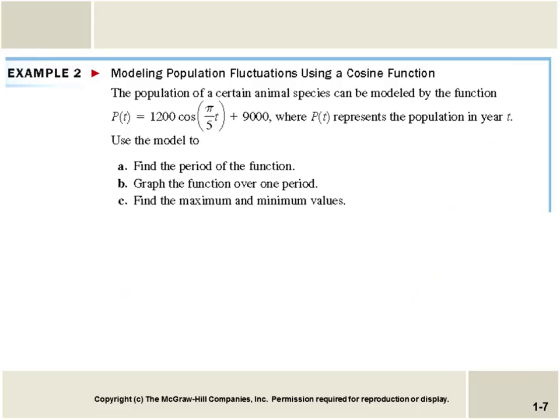Let's do this one. We have a population of an animal species modeled by the function P of t equals 1200 cosine pi over 5t plus 9,000, where P of t represents the population in year t. So find the period.